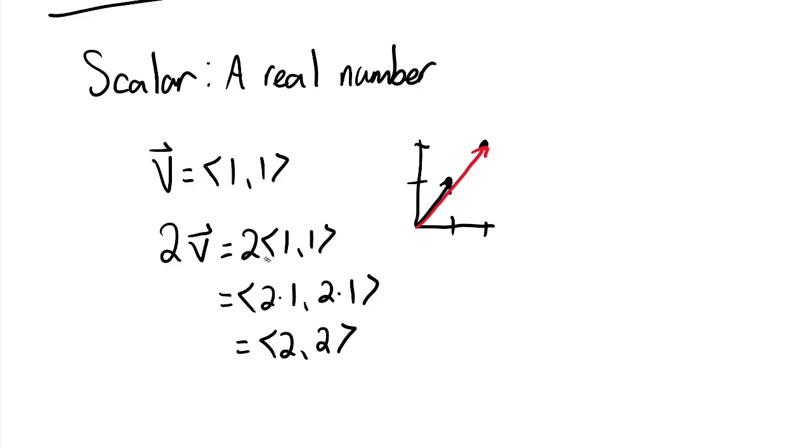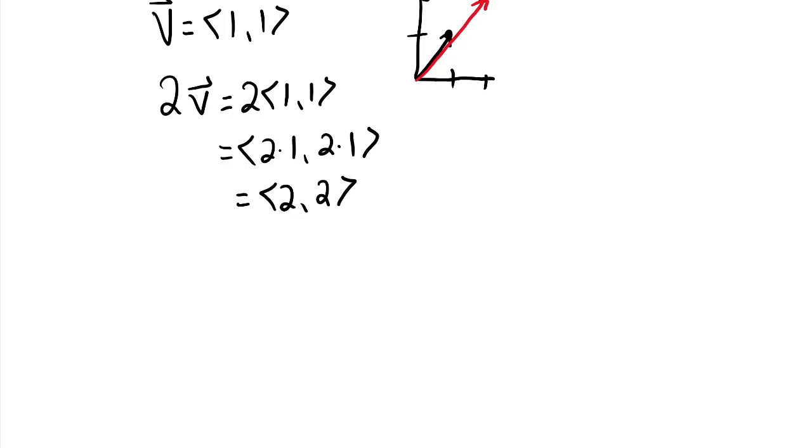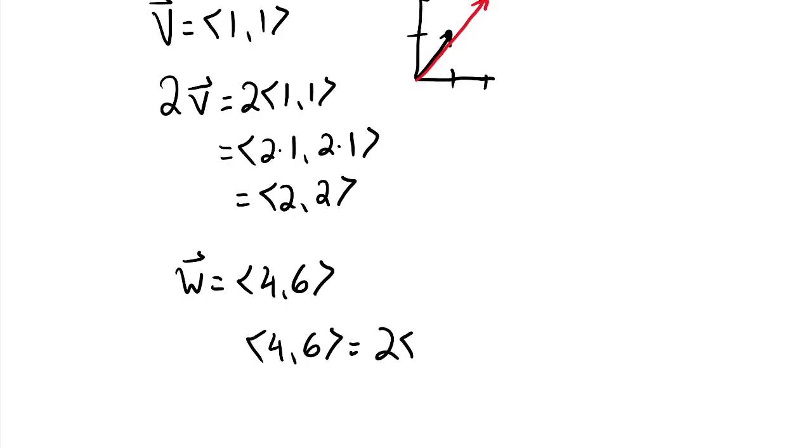So with scalar multiplication, we can move scalars in and out of vectors as we please. It's sort of like the distributive property, where we can move between multiplication and addition. Same kind of idea here, where we can move real numbers and vectors back and forth. Likewise, if we have some vector w equal to, say, 4, 6, we can rewrite 4, 6 as 2 times 2, 3.